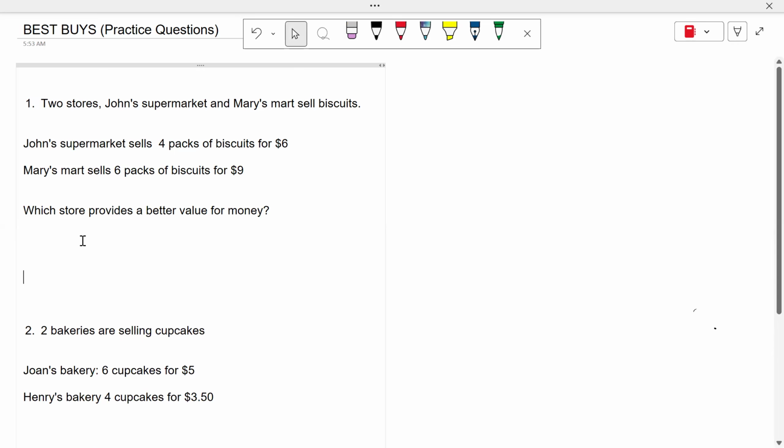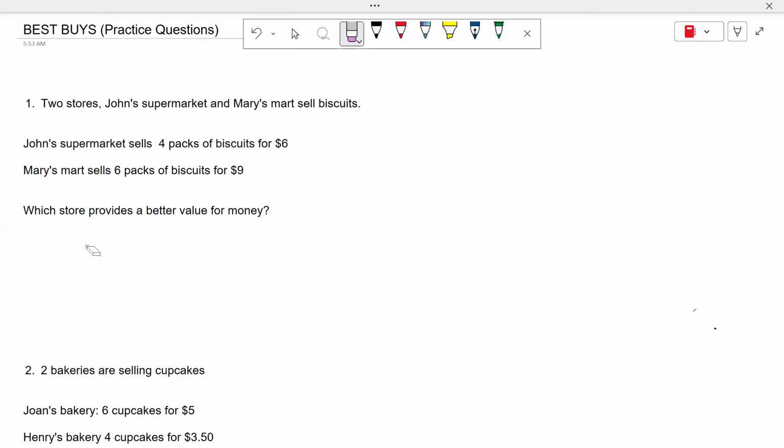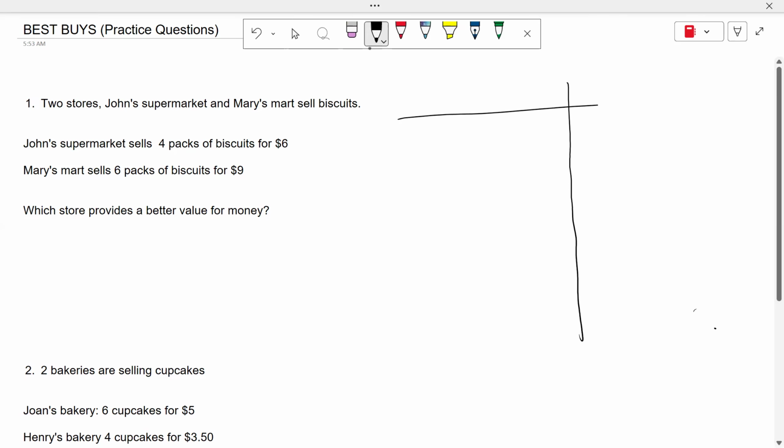Let's answer the first question. Two stores, John's Supermarket and Mary's Mart, sell biscuits. What I like to do is draw a table to differentiate them. John's Supermarket sells 4 packs of biscuits for $6.